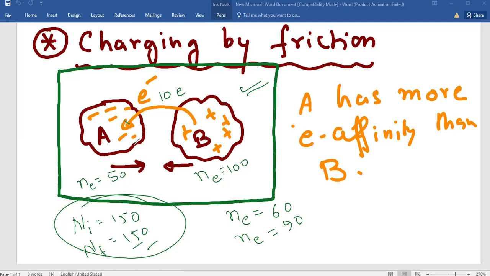How much electron will transfer from each other, we don't know. But this type of method is seen in nature.